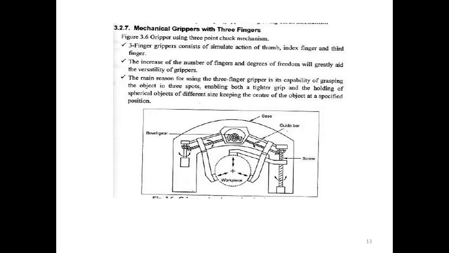The increase in the number of fingers and degrees of freedom greatly aids the versatility of grippers. The main reason for using the three-finger gripper mechanism is its capability of grasping objects in three parts, which enables both a tighter grip and the holding of spherical objects of different sizes, keeping the center of the object at a specified position.